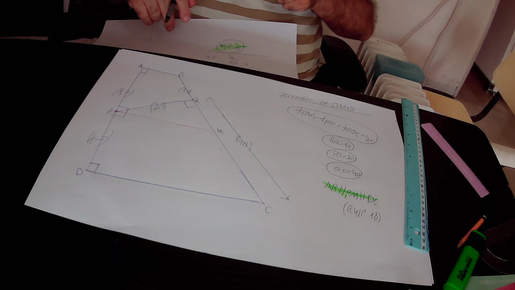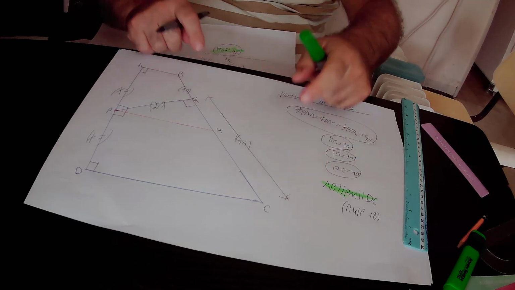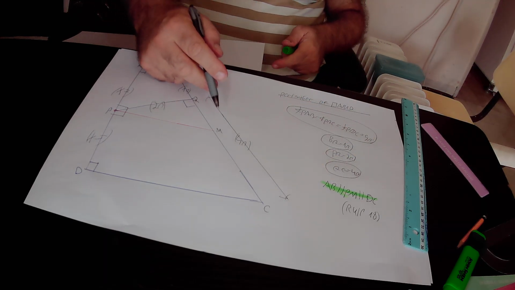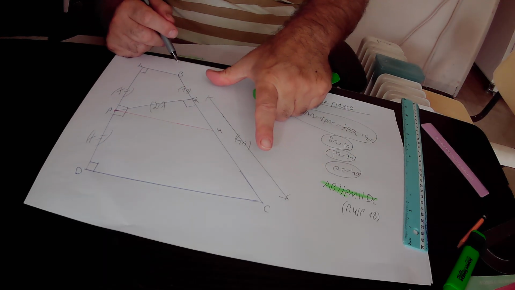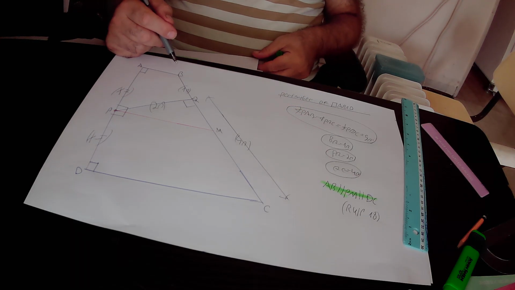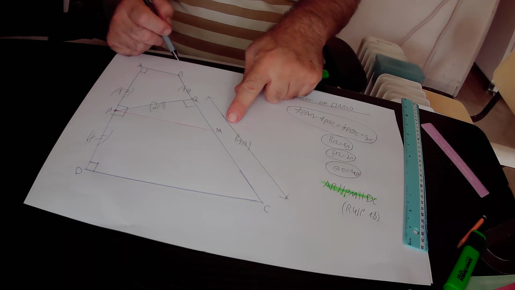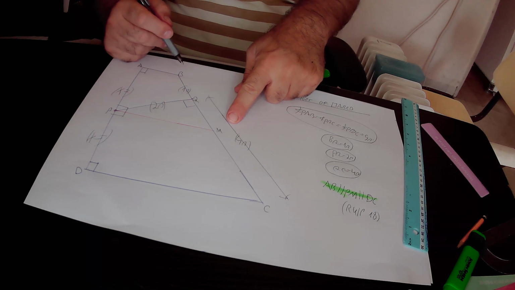We found out that BM equals MC, that is to say, at point M, side BC has been bisected into two halves.